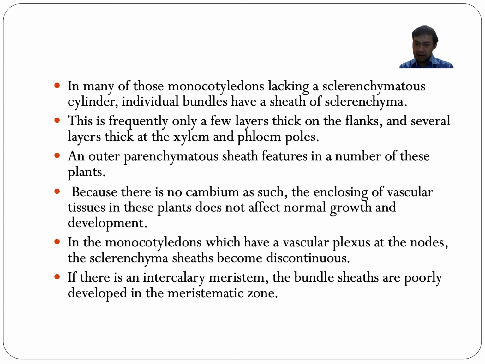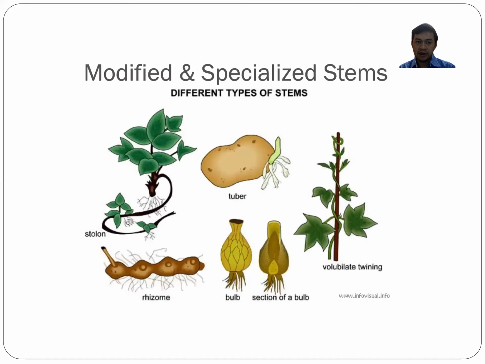Because there is no cambium, the enclosing of the vascular tissues in these plants does not affect normal growth and development. For the monocotyledons which have a vascular plexus at the nodes, the sclerenchyma sheaths become discontinuous. If there is an intercalary meristem, the bundle sheaths are poorly developed in the meristematic zone.